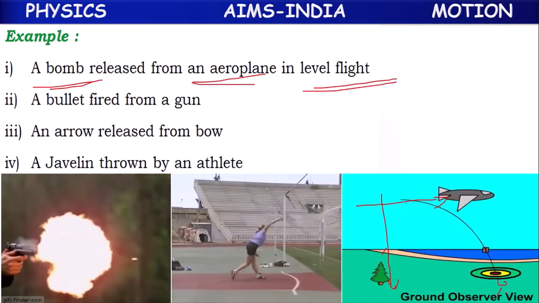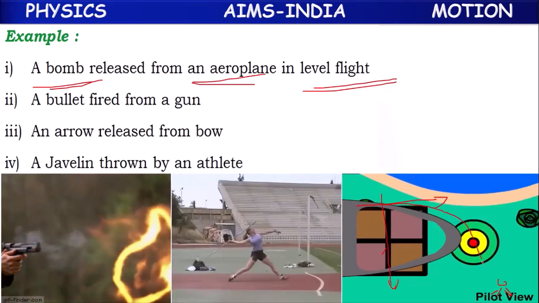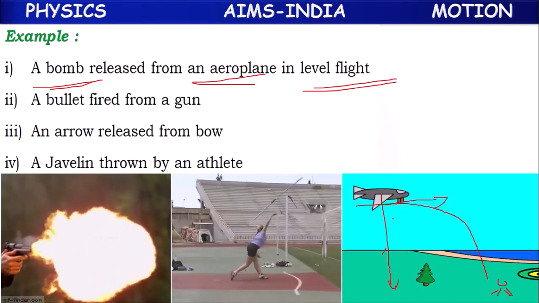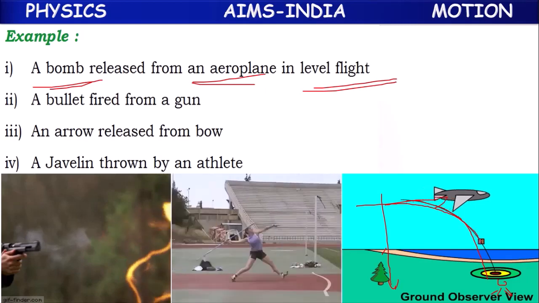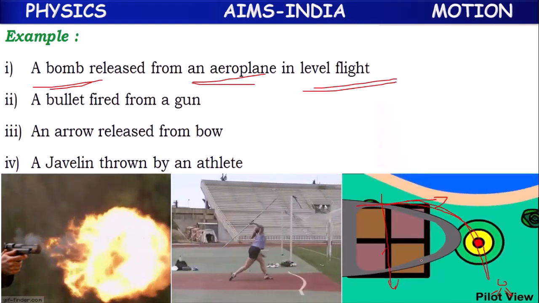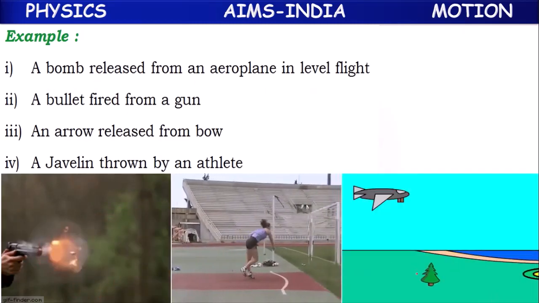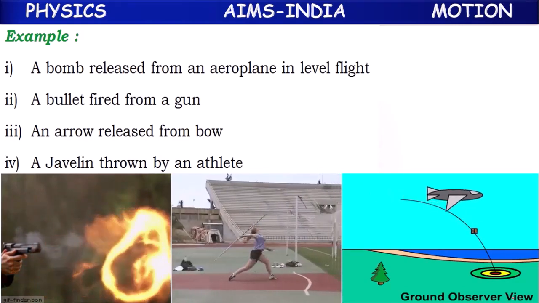But from the ground, it appears like it is falling through a parabola. See here, it appears like this. Straight falling down is the pilot's view. This parabola is the ground observer's view.